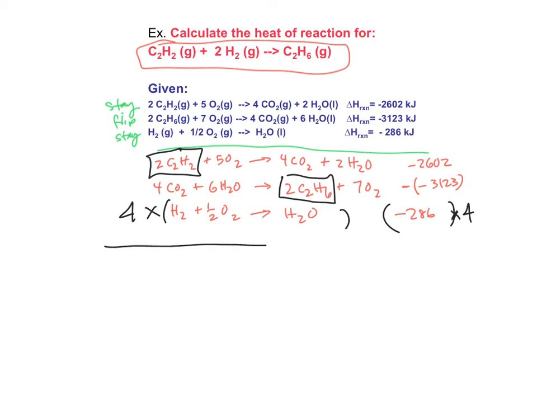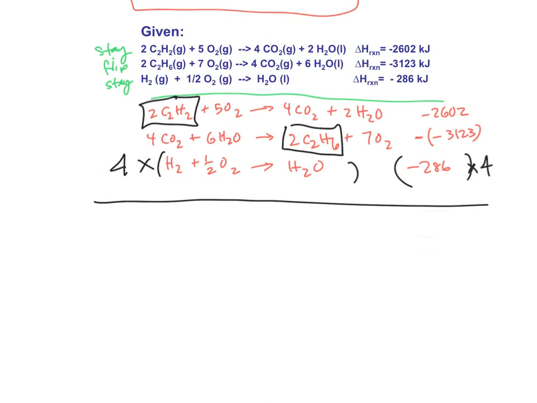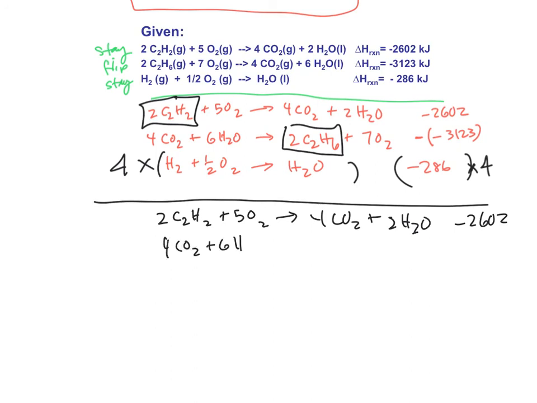Okay, so I prefer to rewrite it over and over and over. So what I'm talking about is C2H2, 2 of those, plus 5 O2s, 4 CO2s, 2 H2O, negative 26 O2. Then the second one, 4 CO2s plus 6 H2O, forms 2 C2H6 plus 7 O2s, and that's positive 3123.